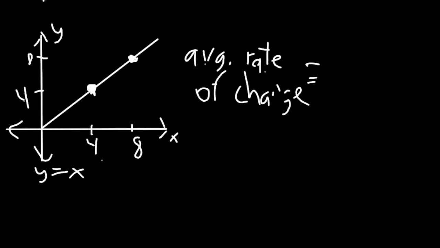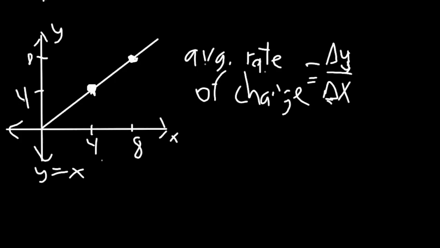So remember, average rate of change is just y2 minus y1, which is the difference of y. Difference of y can be written as delta y. Delta, remember, is just the change in. So this thing just says change in y. Bottom, same exact thing, delta x. So this is our equation.